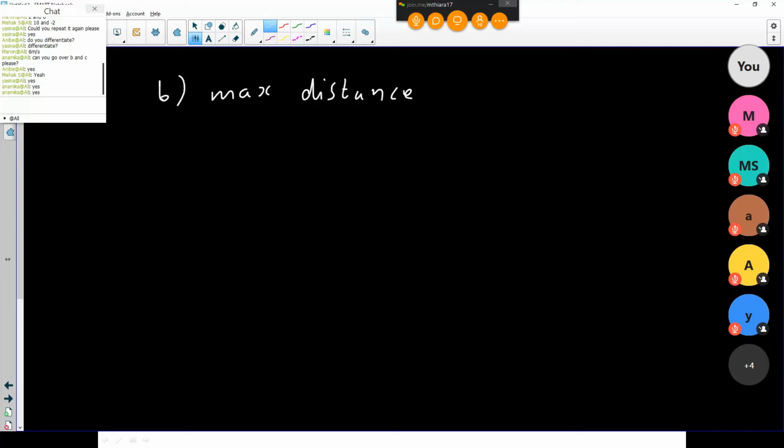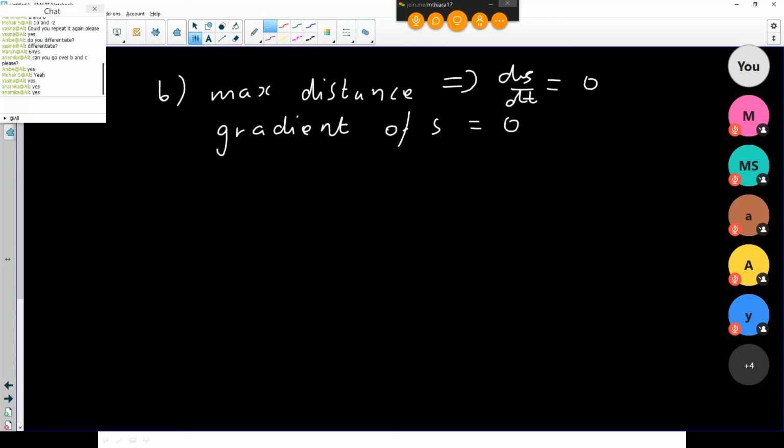Maximum distance implies the gradient of s must be equal to 0, because maximum implies ds over dt must be equal to 0.